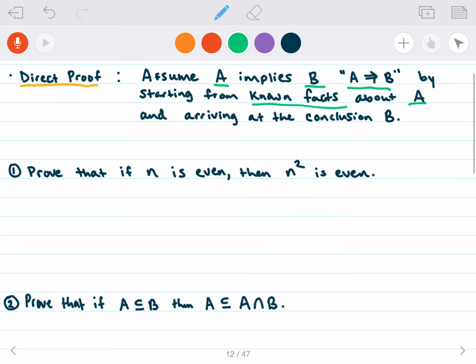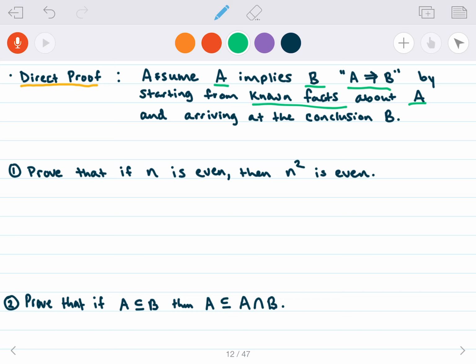What is difficult about writing proofs is that sometimes, not really with these that I'm going to show you, but if you continue on to grad school, PhD, math, whatever, it's not obvious where to start at all.